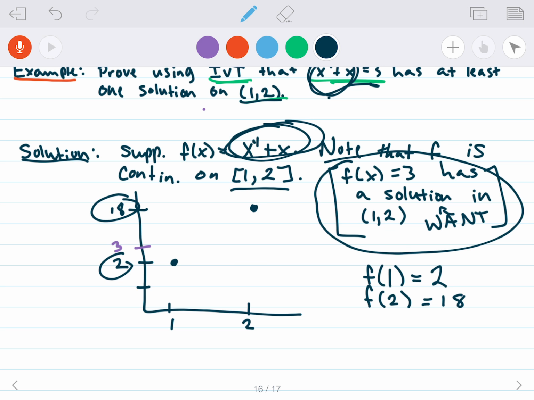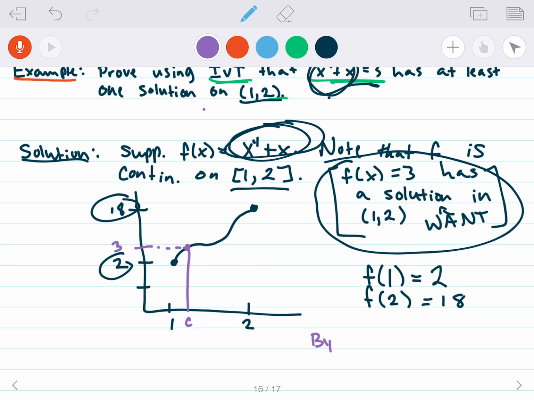Okay, so let's say it's like right here. Okay, so here's my f of 3. So that guy is between f of 1 and f of 2. And so this is going to be c.